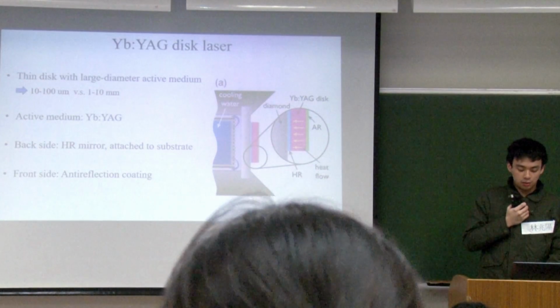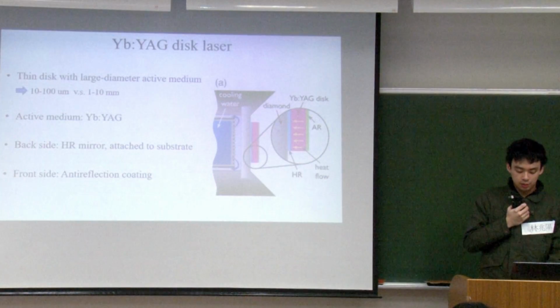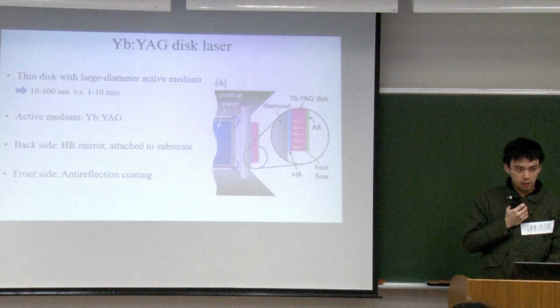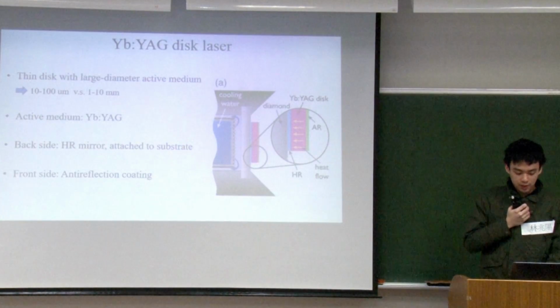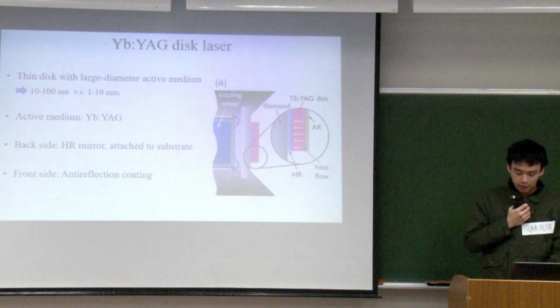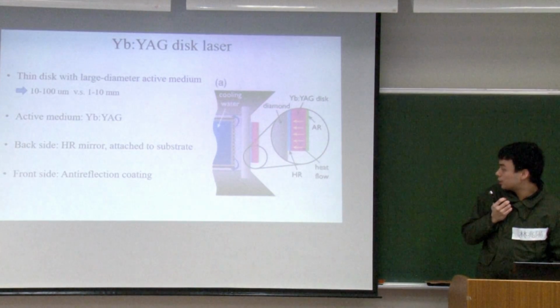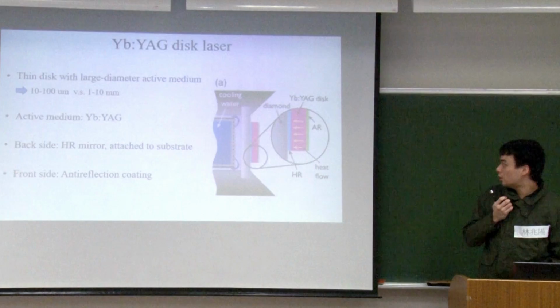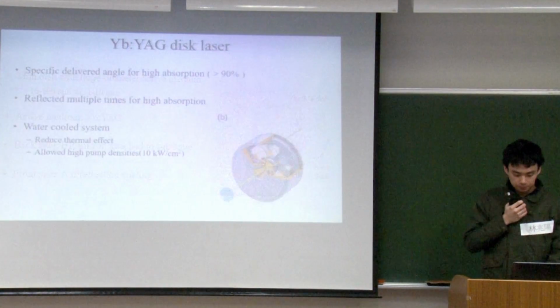Its backside is coated with a highly reflective mirror, and it is attached to a water-cooled supporting substrate. And its front side is coated with an anti-reflection coating. And figure A shows the structure of this disc laser.